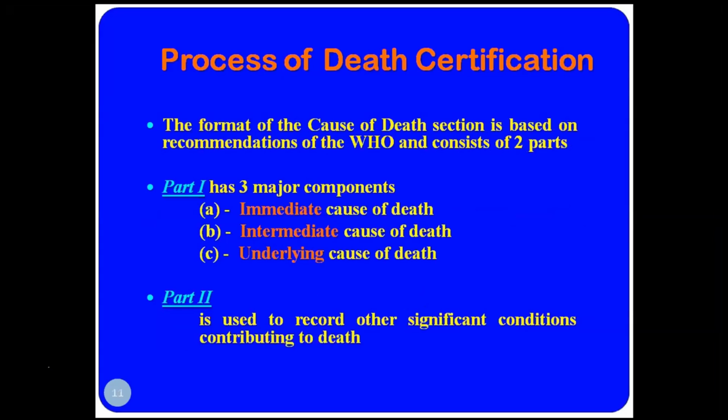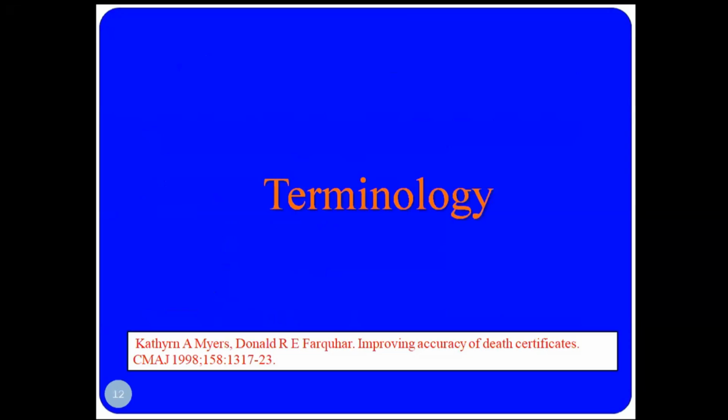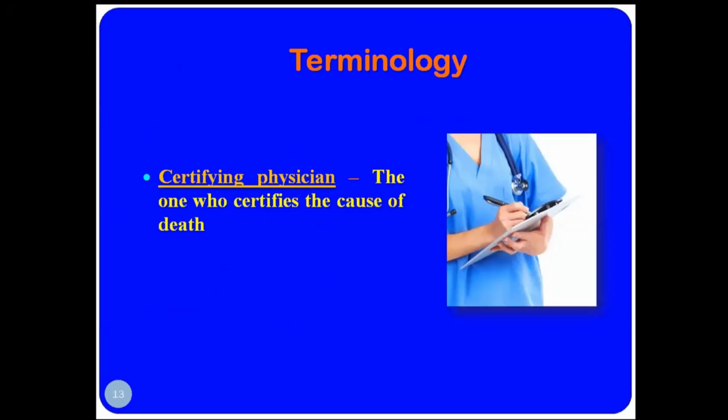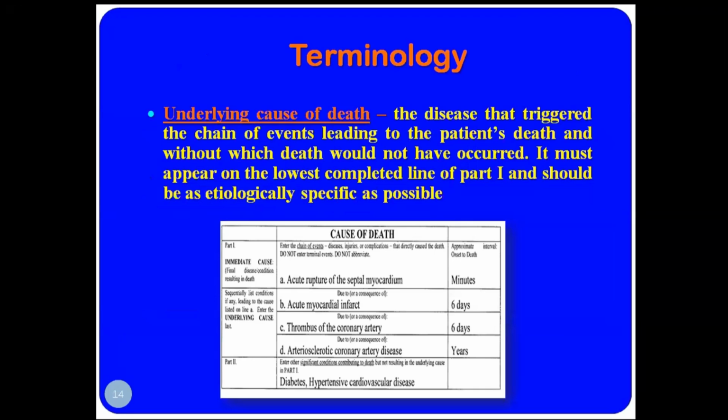Now, if you look into the death certificate, as I told you, there are two parts, part 1 and part 2. Part 1 has three major components. Now, who is the certifying physician? The one who certifies the cause of death is known as the certifying physician. Now, what is the underlying cause of death? These definitions and terminologies are extremely important.